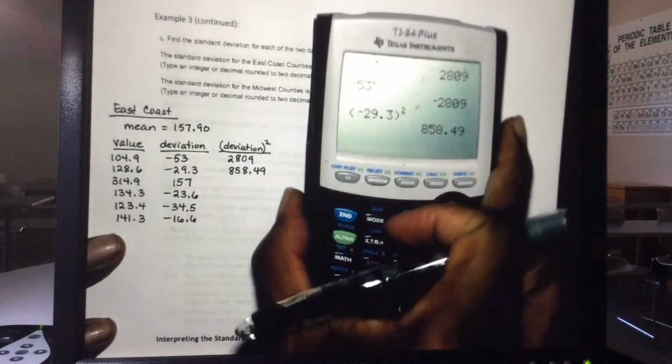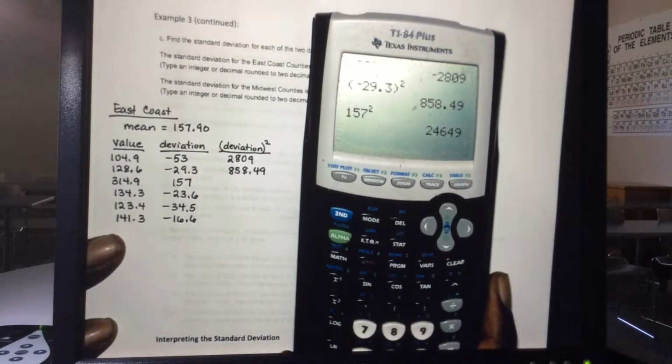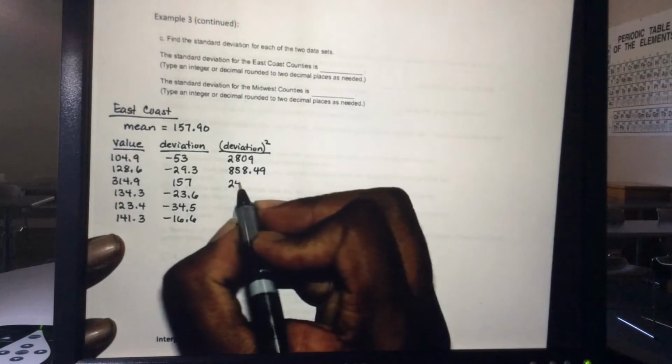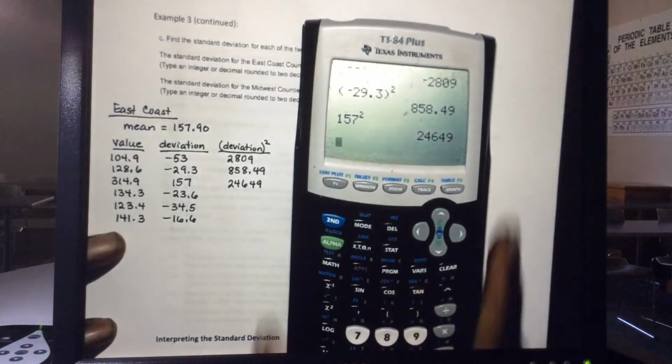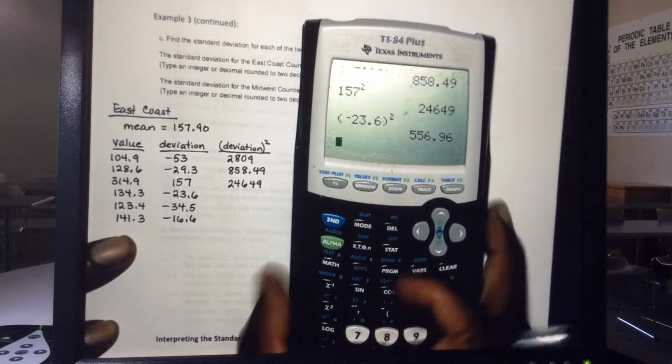And then 157 squared would be 24,649. And then negative 23.6 in parentheses, and hit the x squared to square it. You'll get 556.96.